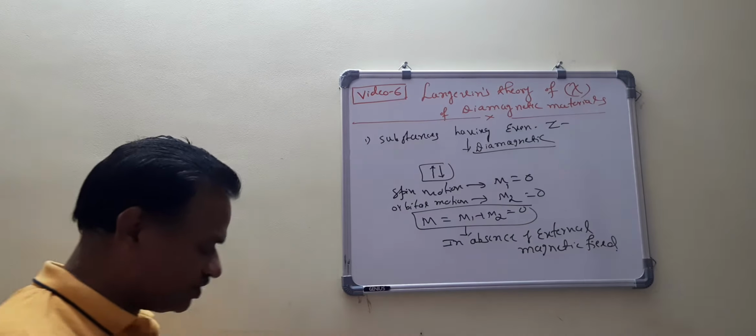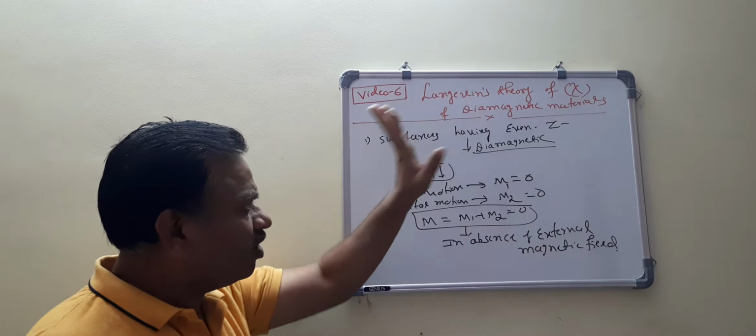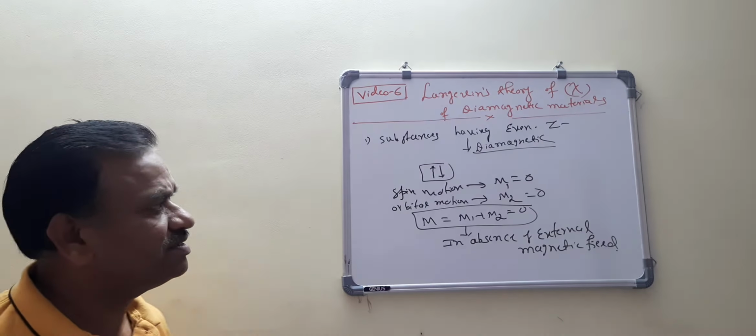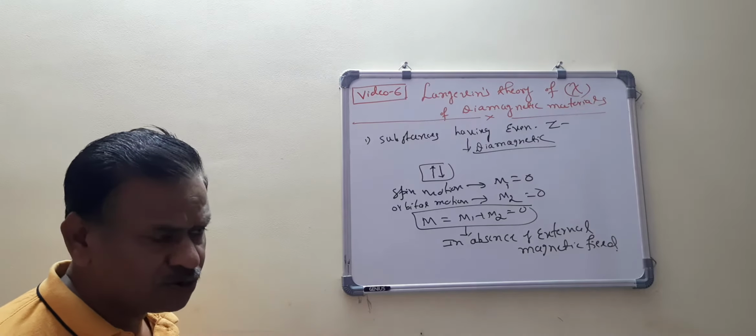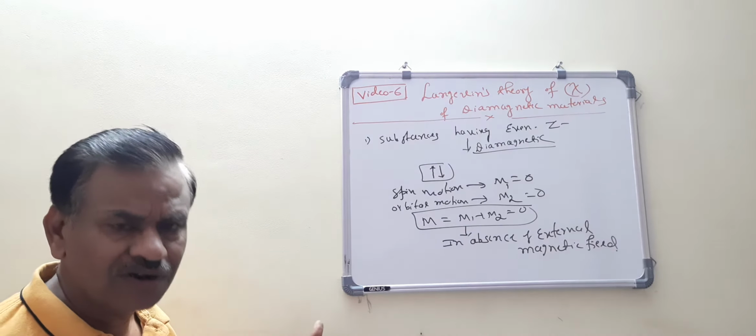I think you understood this. What is important is that all diamagnetic materials have even atomic number, even Z. There are two kinds of motion in the electron: one is orbital motion and another one is spin motion.